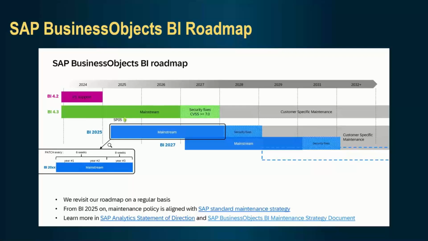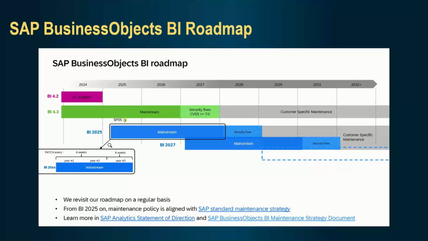And I think also the way that the product is going to be incrementally rolled out in the future, with this new numbering convention, rather than BI 4.2, 4.3, moving to the year of release, BI 2025, BI 2027, shows that they are going to be incremental releases of the same product stack.